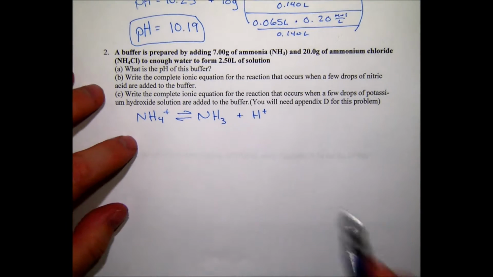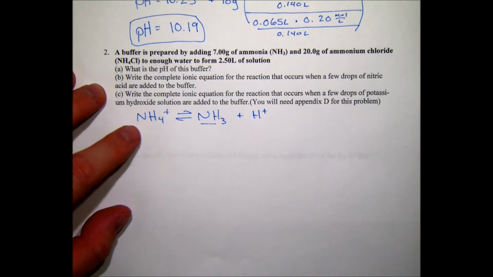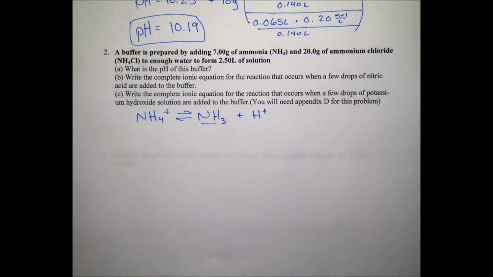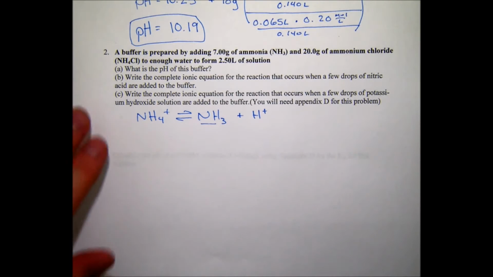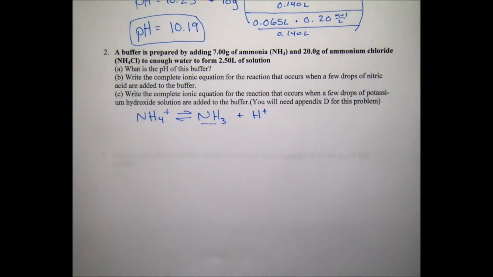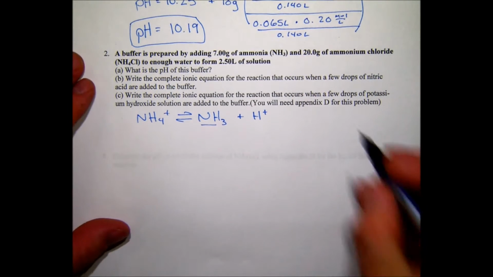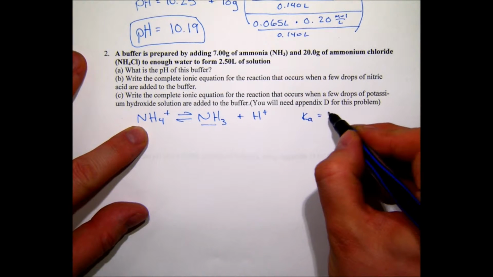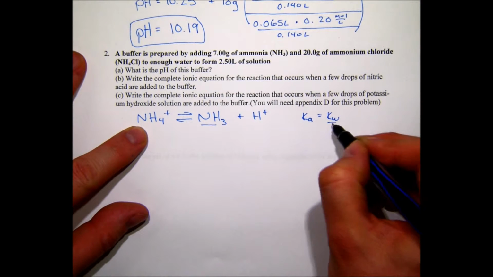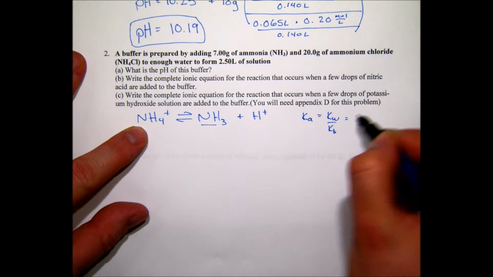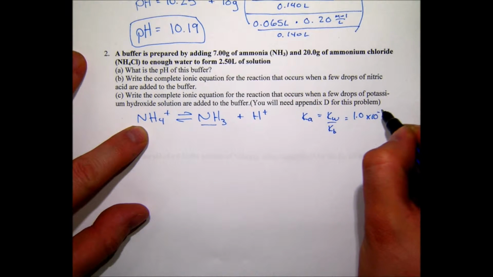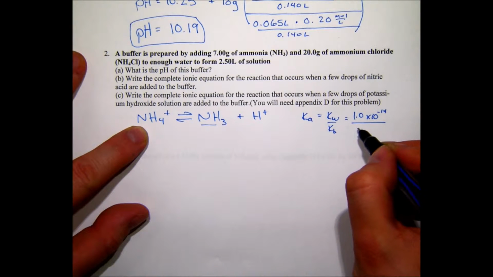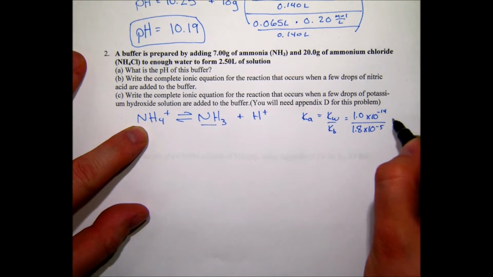Now, I can't find the Ka value for ammonium, so I have to use the Kb value for ammonia. Then using Kw, I will convert it. So I can find the Kb value in Appendix D. So to get the Ka value for the acid ammonium, I'm going to say Ka is equal to Kw over Kb, which is 1.0 times 10 to the negative 14 over 1.8 times 10 to the negative 5.